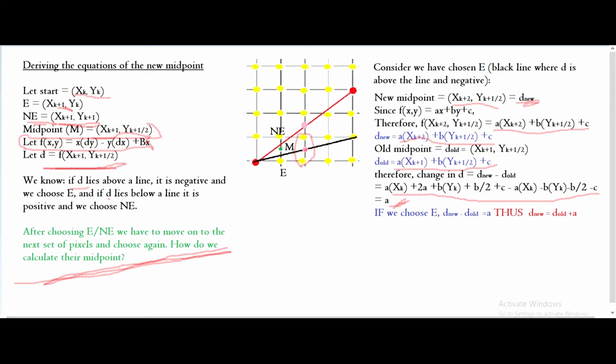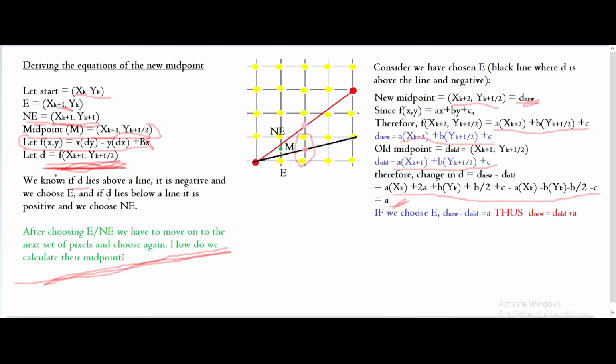Okay, so to recap, if we choose E as our new pixel, we will get a new midpoint represented by this pink dot here, and the amount of change in D, and remember D is the value of our midpoint, the amount of change in D will equal A. So therefore our new value of midpoint will equal the old value plus A.